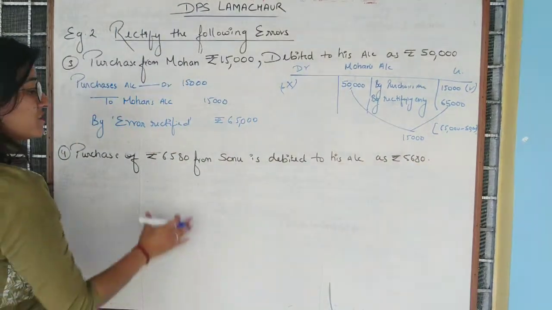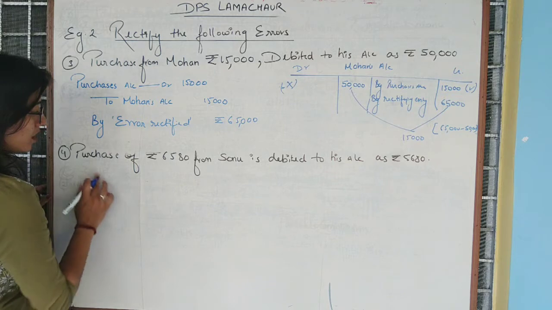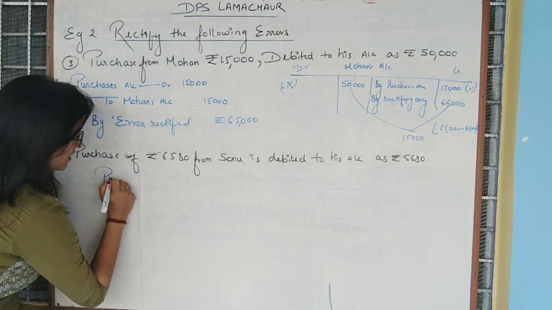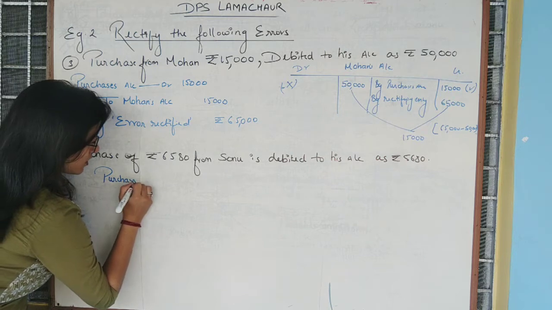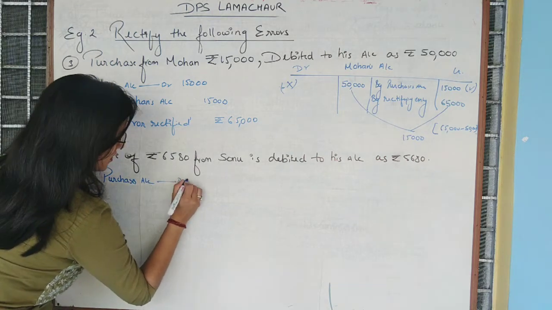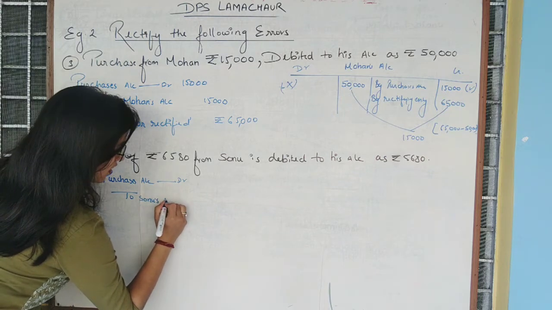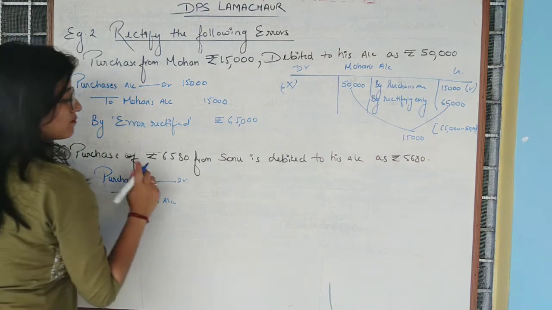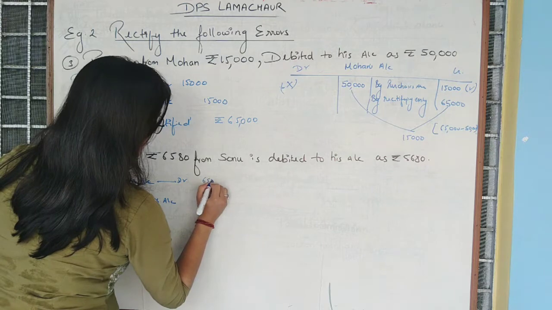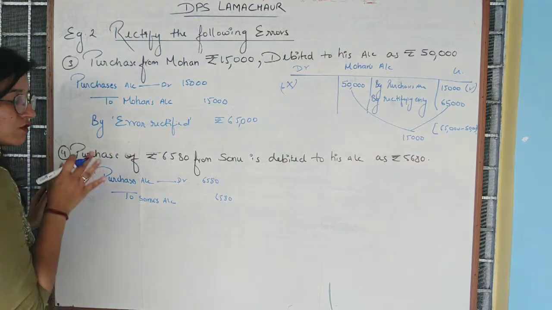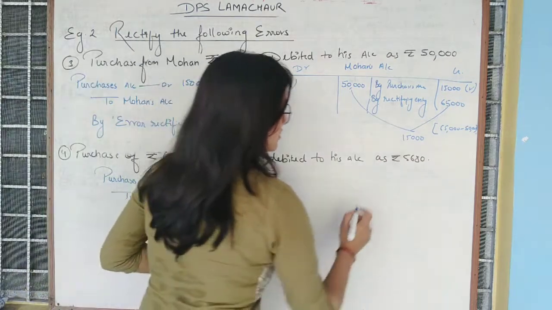So the journal entry for this transaction will be purchase of rupees 6580 from Sonu. Journal entry will be purchases account debit to Sonu's account, and the correct amount is rupees 6580. So now we will prepare Sonu's account.